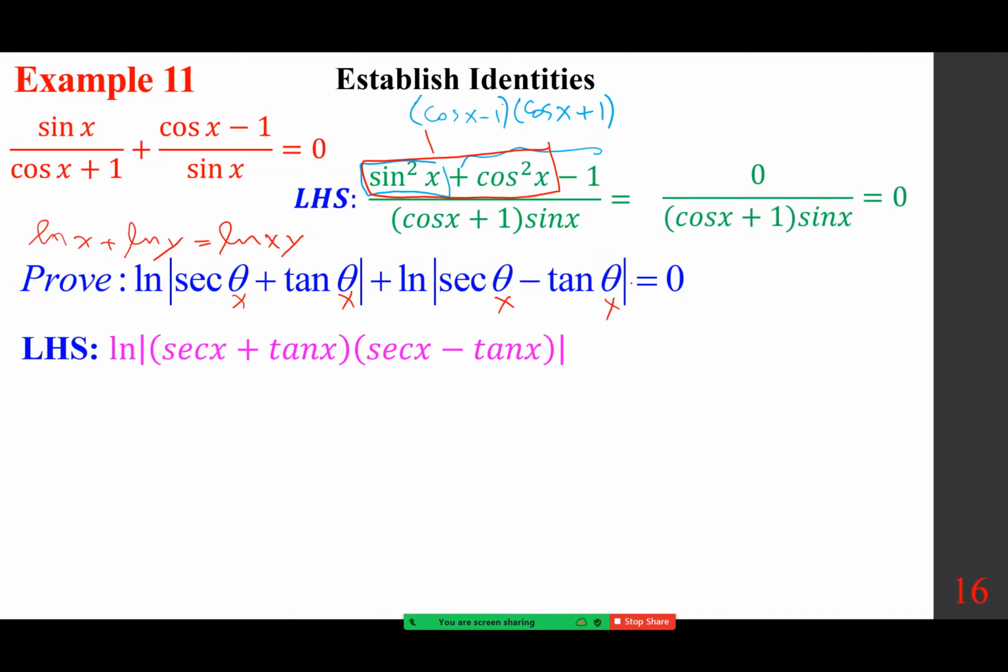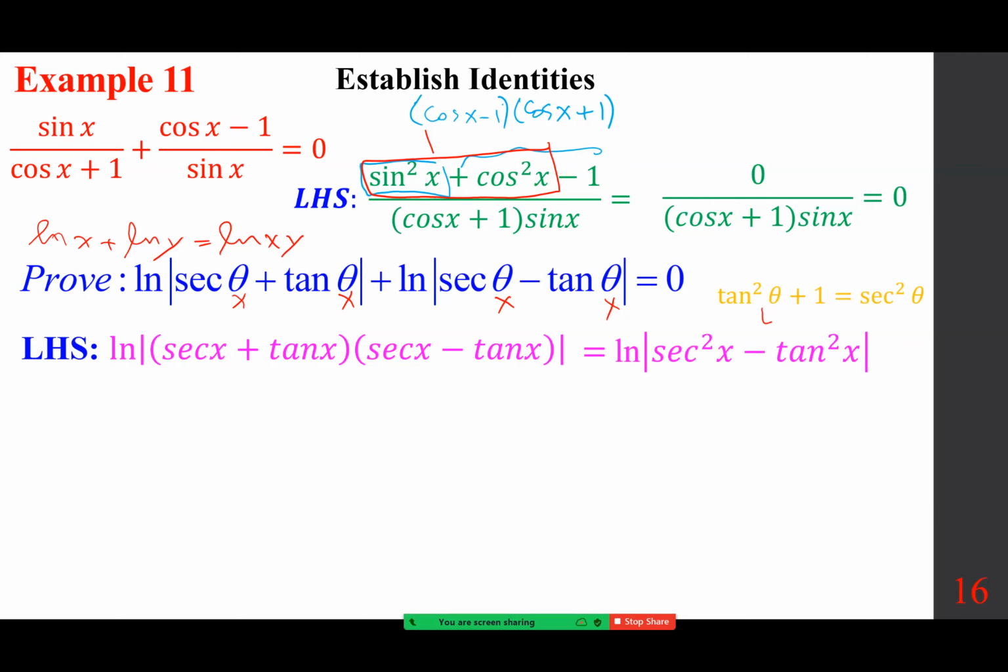Either one is fine. So when we multiply the two, we get secant squared minus tan squared. And again, I'm going to remind you that tan squared plus 1 is secant squared.